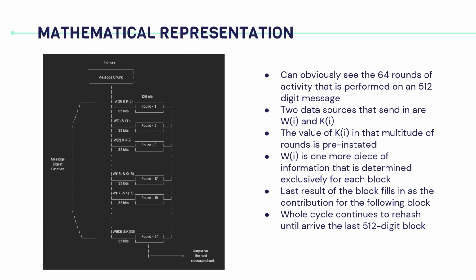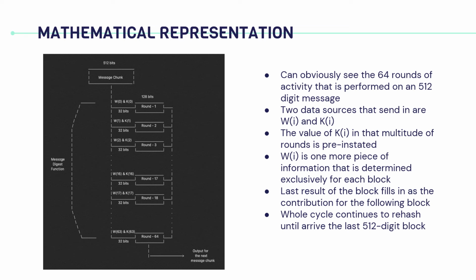pre-initialized. W is one more piece of information that is determined exclusively for each block, contingent upon the number of iterations being handled right now. With every cycle, the last result of the block serves as the input for the following block.